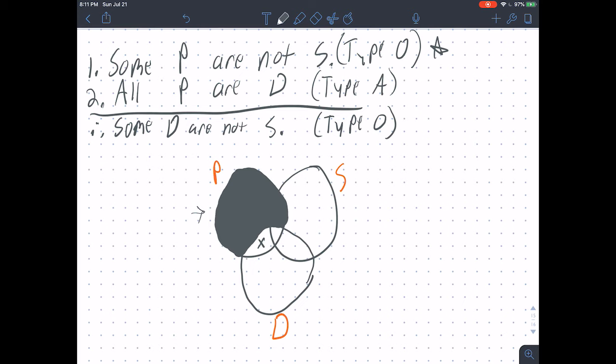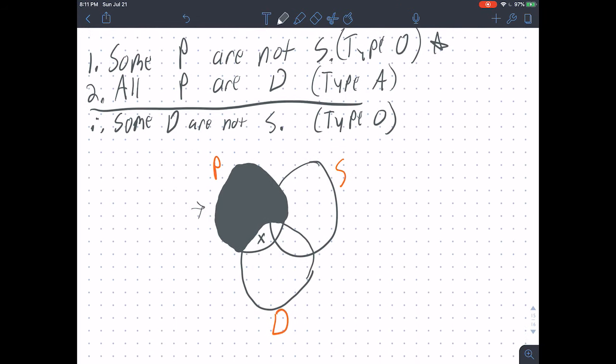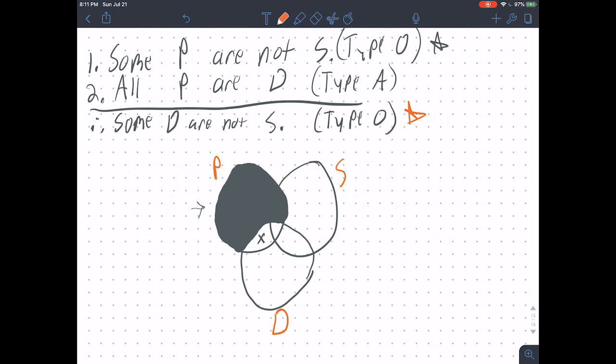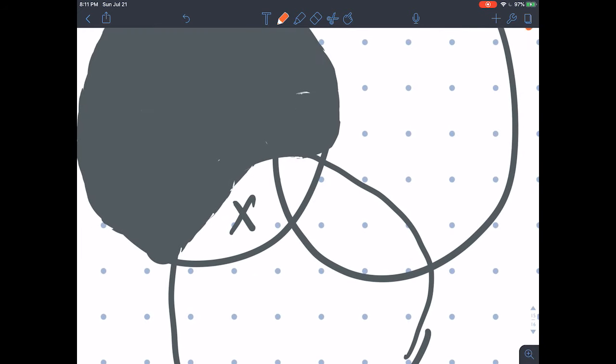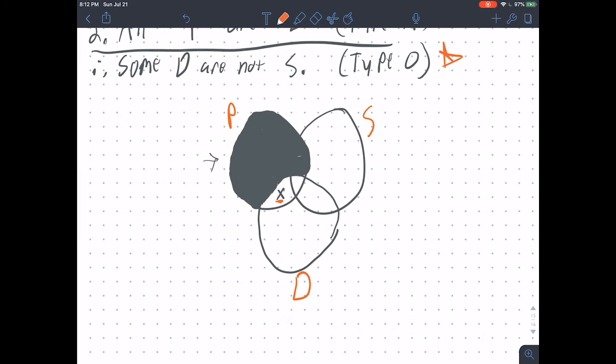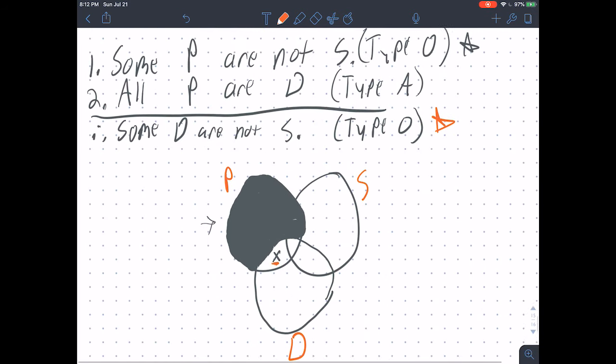Okay, then how do we check whether or not it's valid? Well, let's look at our conclusion. Some D are not S. So is there anything in the D circle that's not inside the S circle? Yes, there is, right here. That's in the P circle, but not inside of the S circle. So this is a valid syllogism.